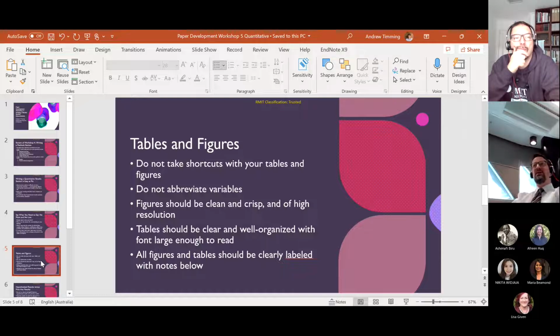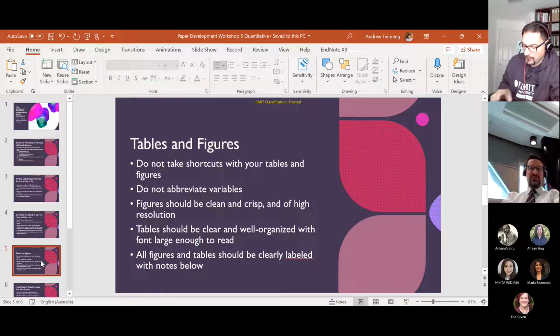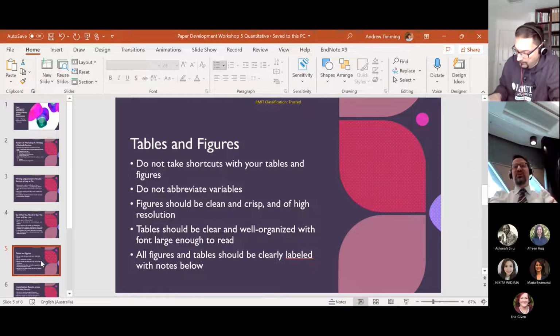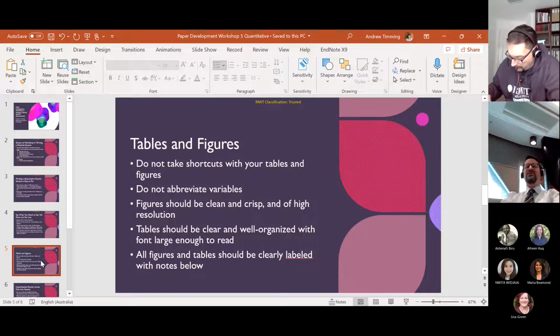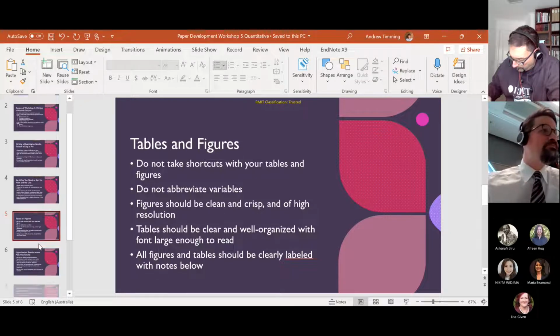They should be large enough to read at face value. And make sure that all your figures and all your tables are clearly labeled, and where there are relevant notes associated with those figures and tables, they should be included below so that the reader can follow that information.